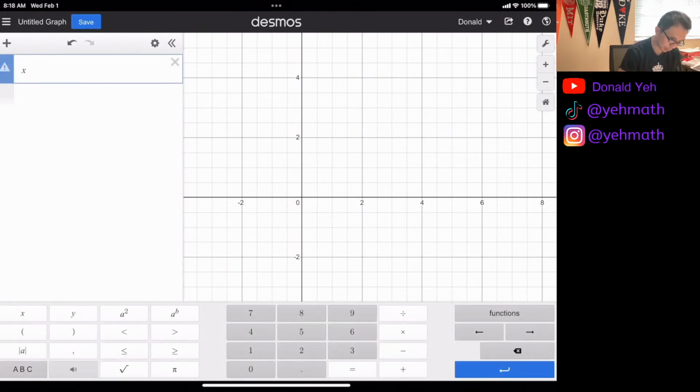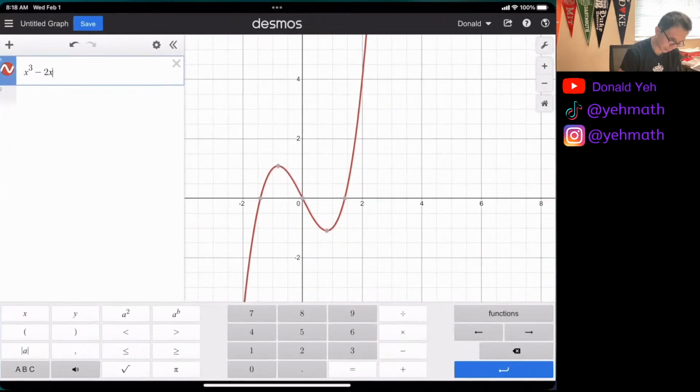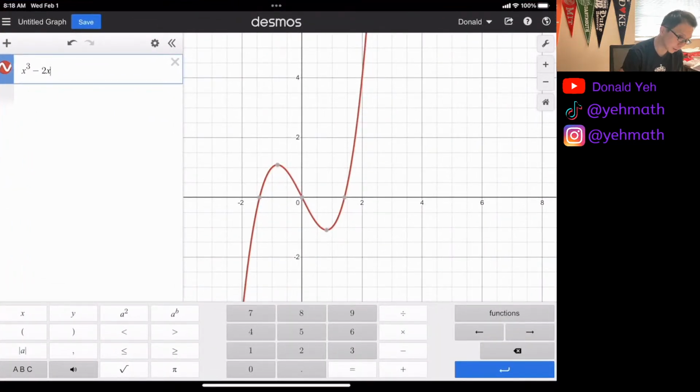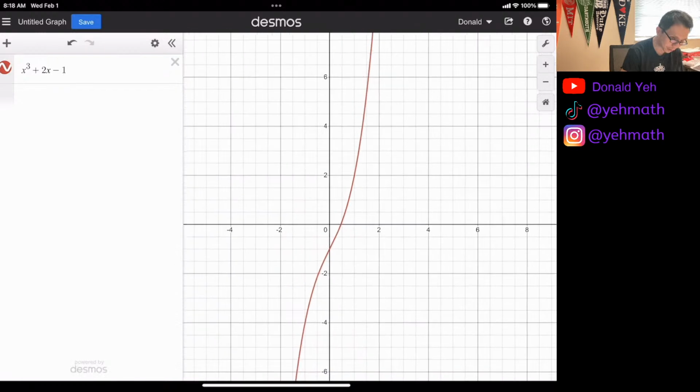But why did I say there was a problem here? The slope reaches 0. What is it? Minus 2x... Oh, it's plus 2x, minus 1. So it is strictly increasing, right?